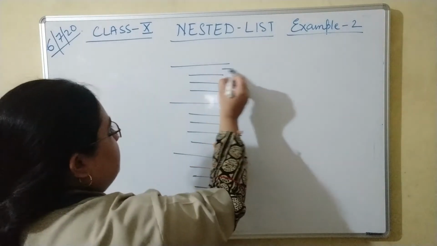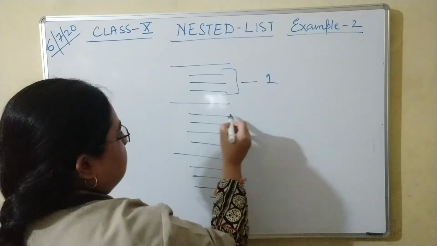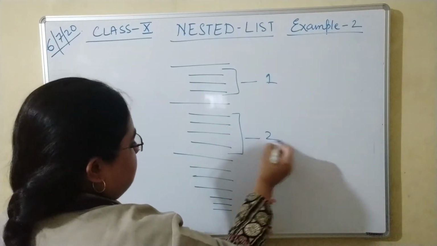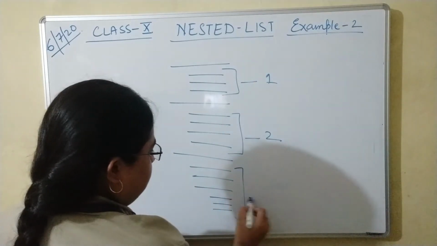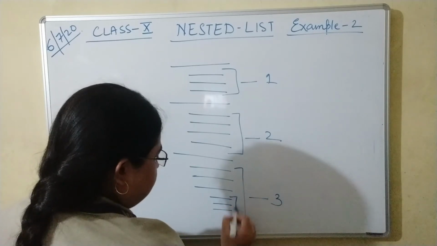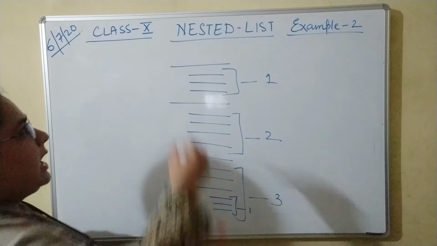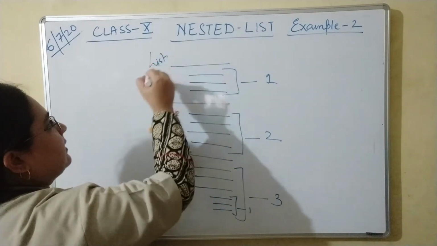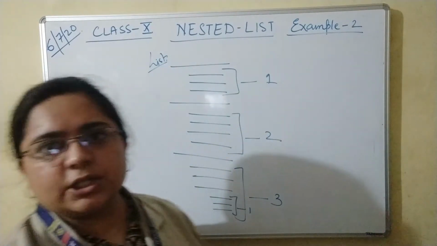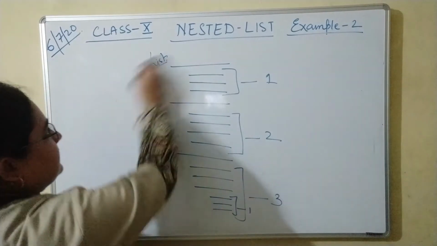You can see this is one sublist, this is another sublist, and within this sublist you again have one small sublist, and the outer list is already there. So let us see one such example of nested list.